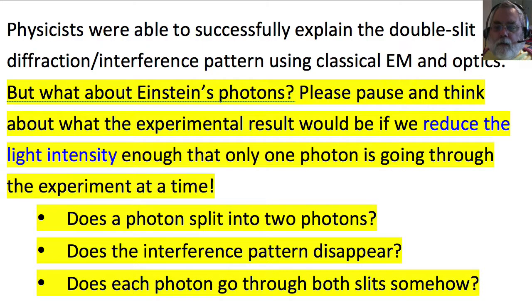Now, an experiment was done in 1909 to greatly reduce the light intensity. And with modern lasers, it's possible to reduce the intensity so that a single photon goes through the experiment at a time.